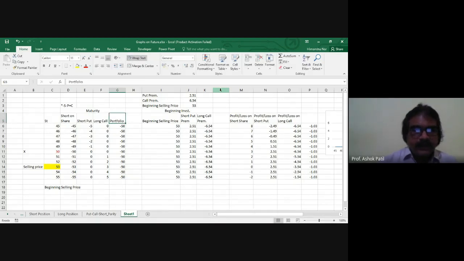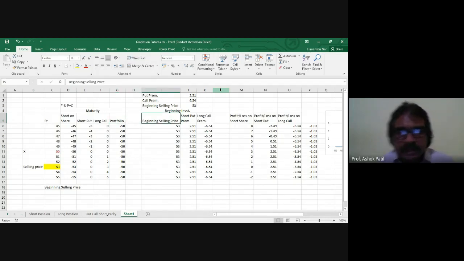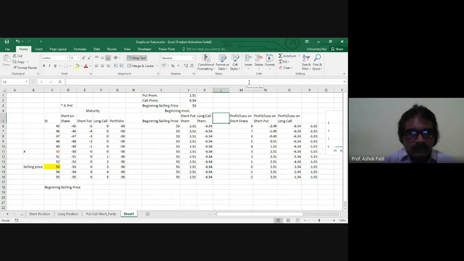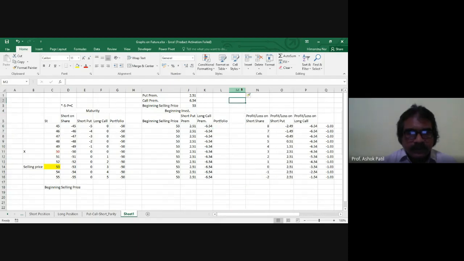Okay. Now in L column, write portfolio. Okay. Insert one column before M. Before M. Okay. Yeah. And now what is the portfolio value here?